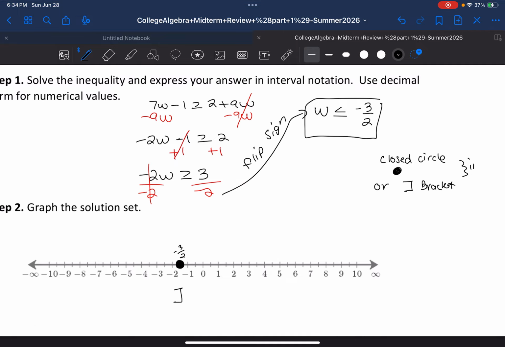These mean included. It can equal that number. And I know that because of this less than or equal symbol. If it didn't have that straight line under it, it would just be strictly less than. Well, then that would be an open circle or parentheses. So this is when it's not included or can't equal.